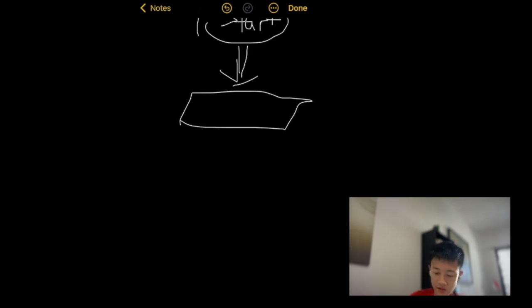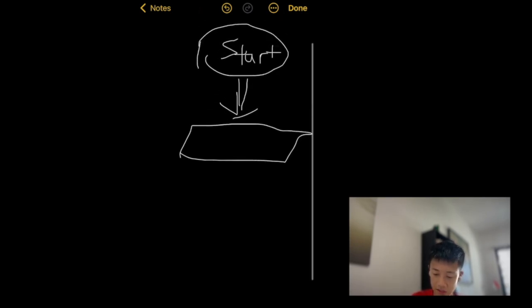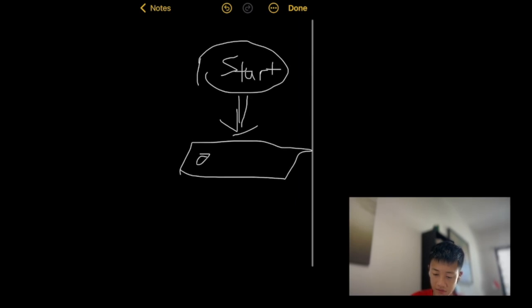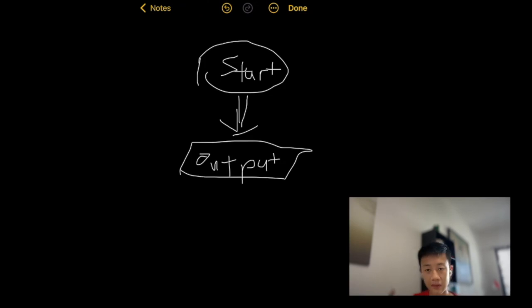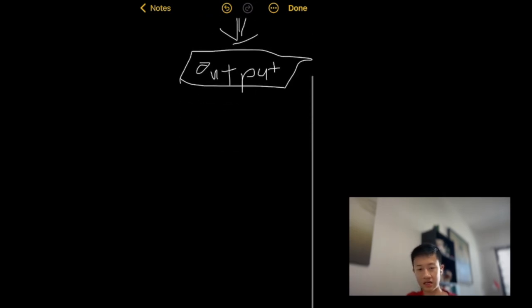So there will be an output statement here, which will be the print statement at the beginning, which says you're in prison and this is what you can see.